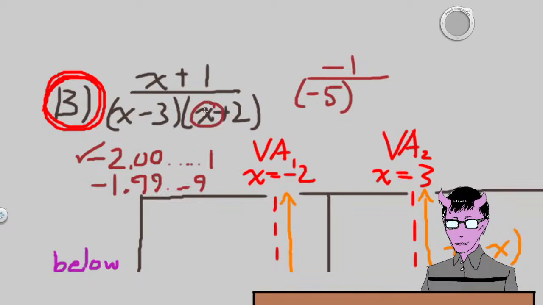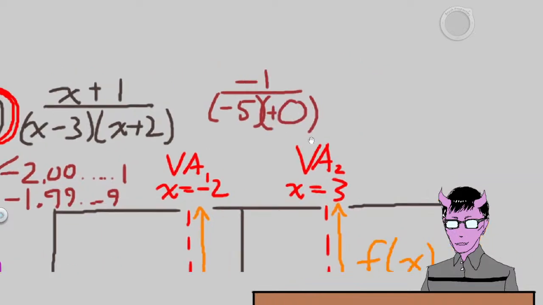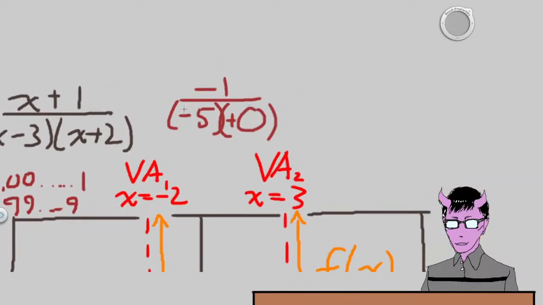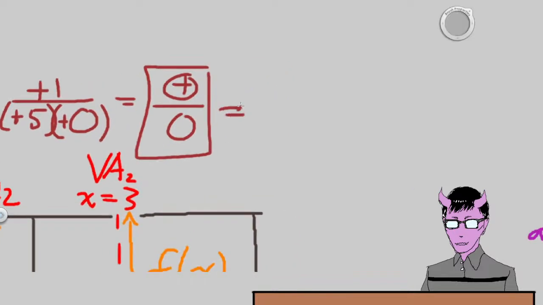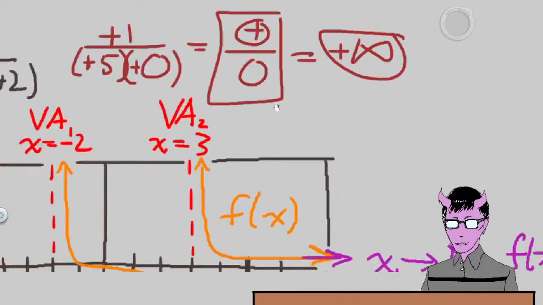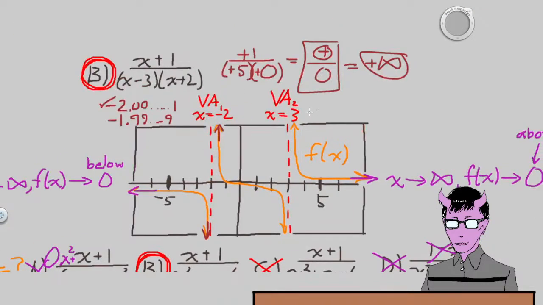If this value gets close to negative 2, but slightly smaller than negative 2, we get close to 0, but here's the important part, it's still a positive value. This sign cancels with this sign, so it's going to be both positives. So we have a positive value over a close to 0 situation. The y values explode in the positive direction, which is in agreement with this one. So that's probably good enough, honestly.